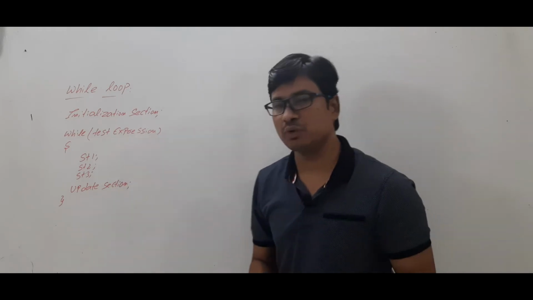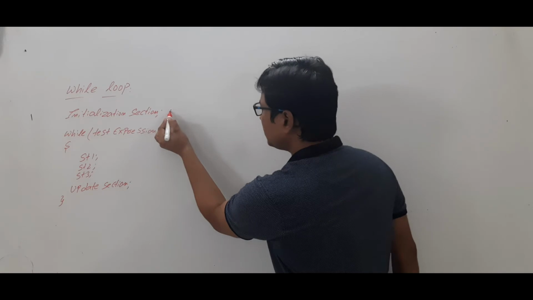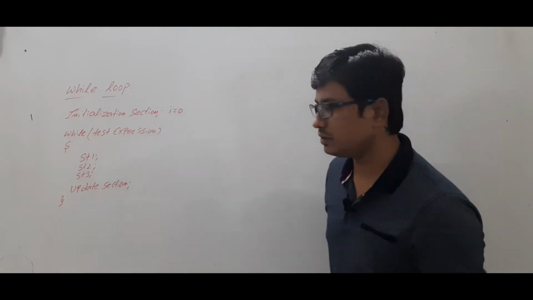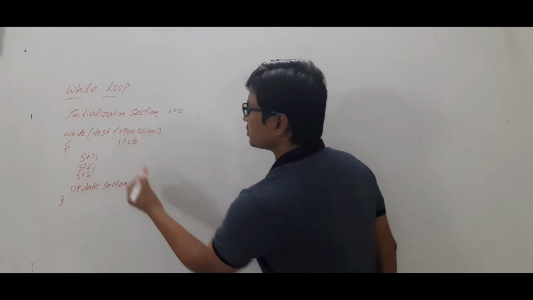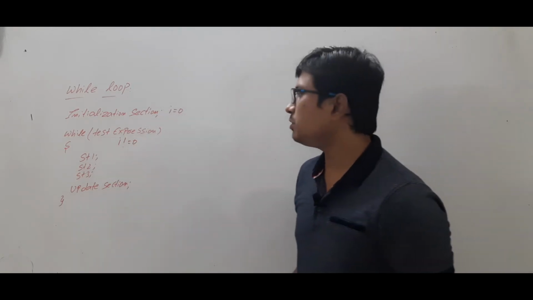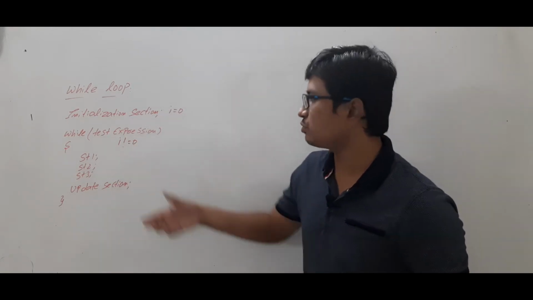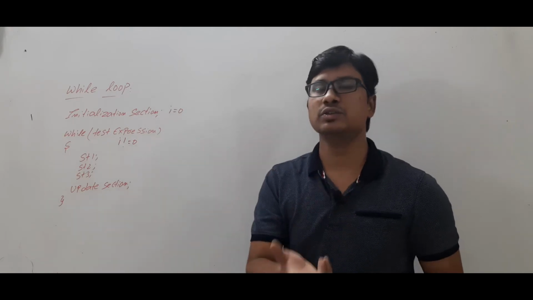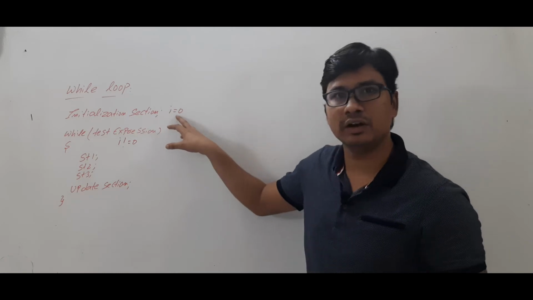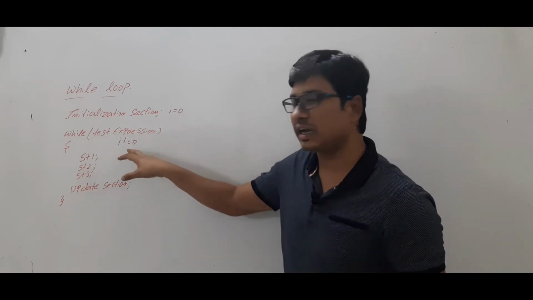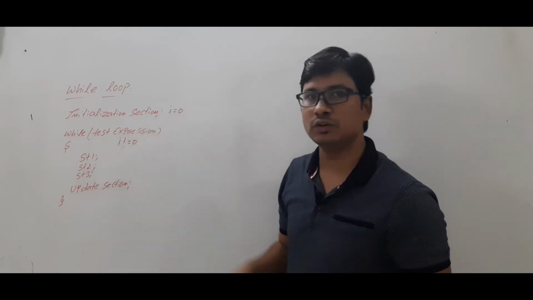Now I will ask one doubt. I have initialized the value I equal to 0, and here I have written a condition I not equal to 0. Then tell me how many times this while loop will be executed. It will not execute even once. Am I right or wrong? Because you have written I is equal to 0, and in the condition you have written I not equal to 0.